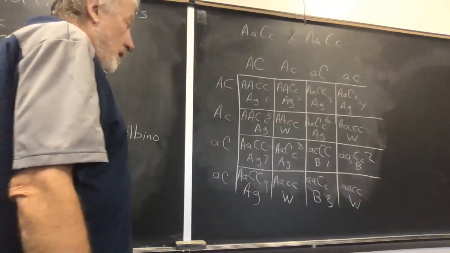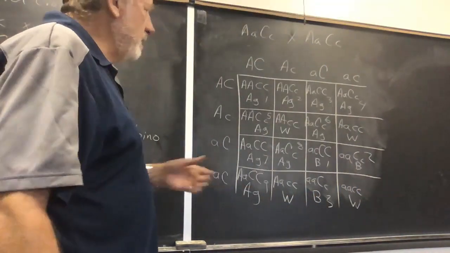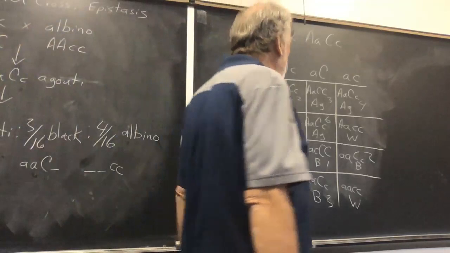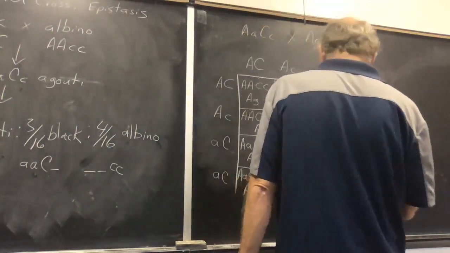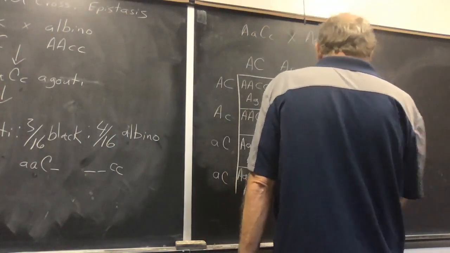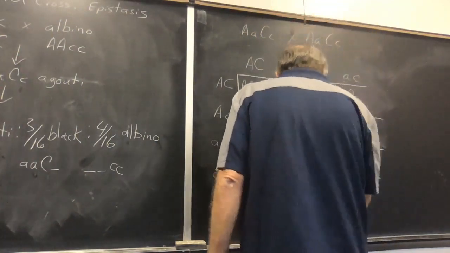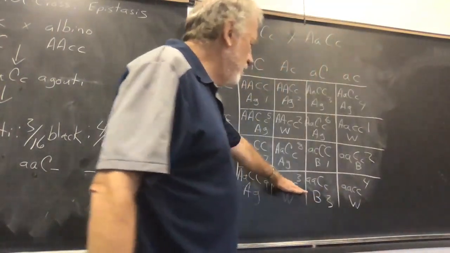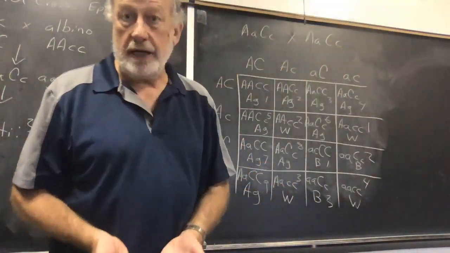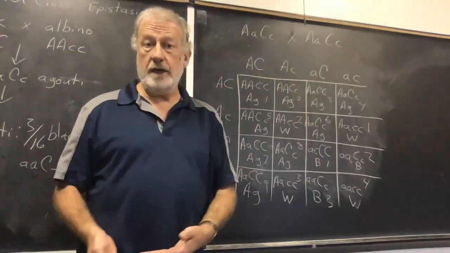Every time there's 2 little A's and a big C, we get black. And then there should be 4 whites: 1, 2, 3, and 4. Every time there's 2 little C's, no pigment is deposited in the mouse's fur, and it ends up being white.